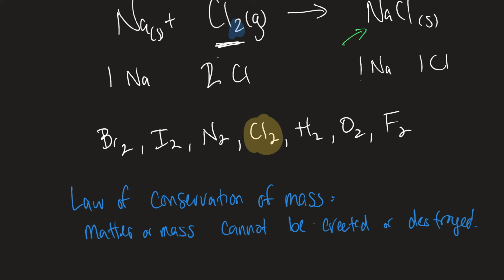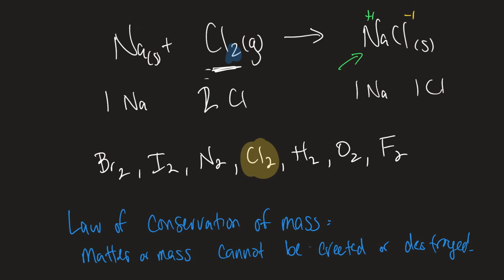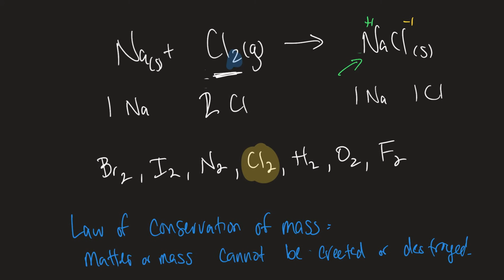Well, right here is what we basically call a chemical equation that is unbalanced. An unbalanced chemical equation is just an equation that does not meet the law of conservation of mass. And so our job as chemists, scientists, is to make sure that the equations all meet the law of conservation of matter.